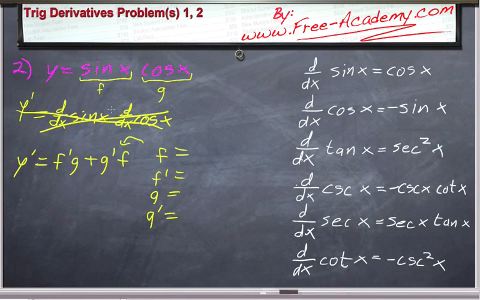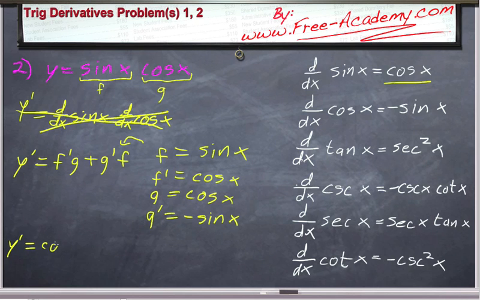Now we already assigned f as sine of x and g as cosine of x. So we're going to need the derivative of f, which is the derivative of sine of x, which is equal to cosine of x. And then we'll need the derivative of cosine of x, which is negative sine of x. Now that we have that, let's put it all together.